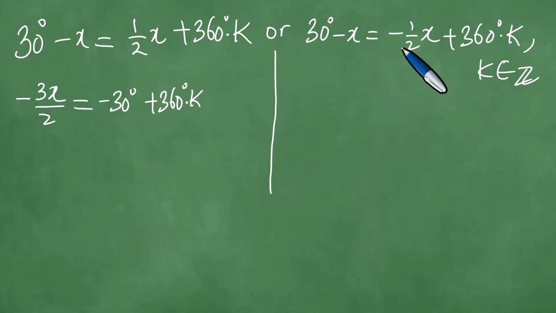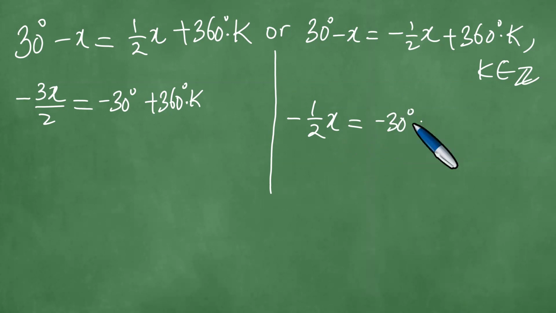Now if you transpose the minus half, when added with the minus x, we shall have minus 1/2 x is minus 30 degrees plus 360 degrees times k, where k is in the integers.